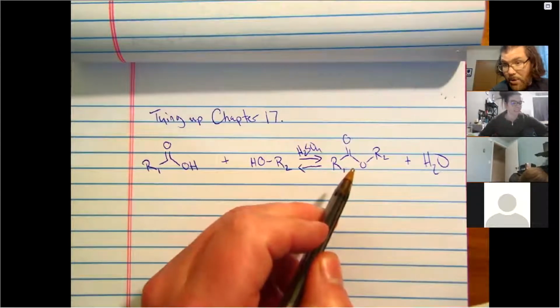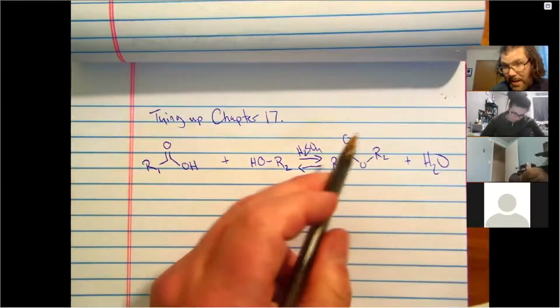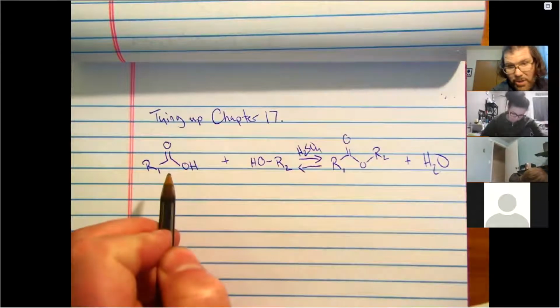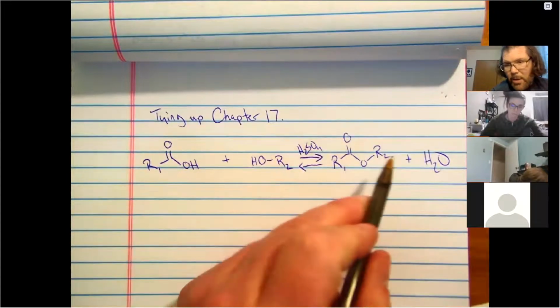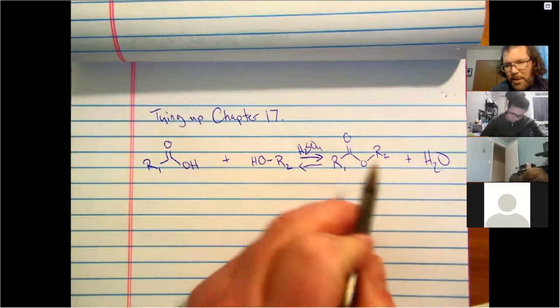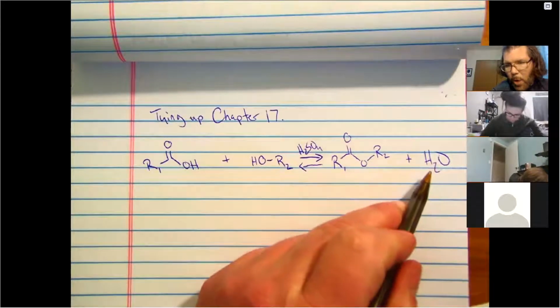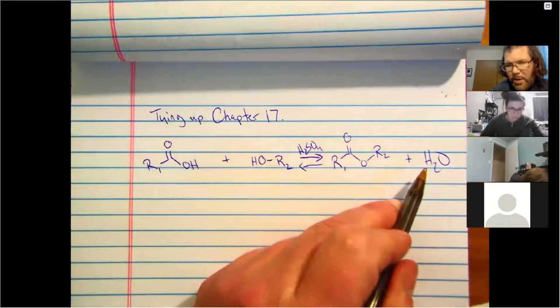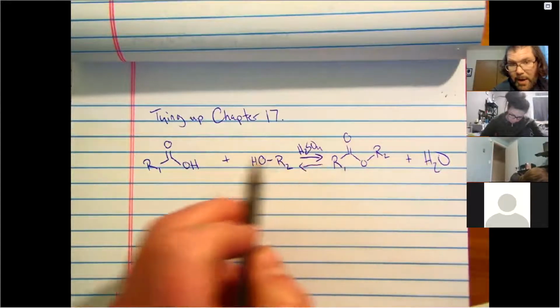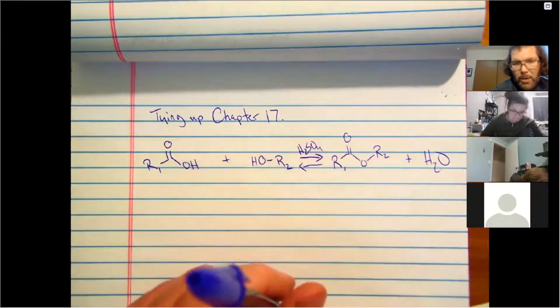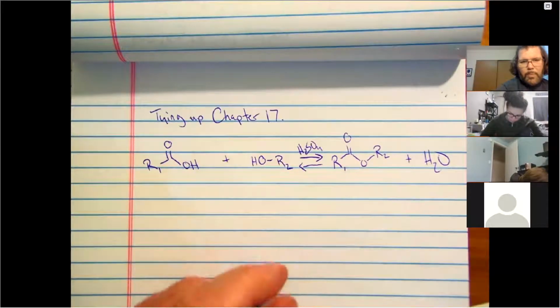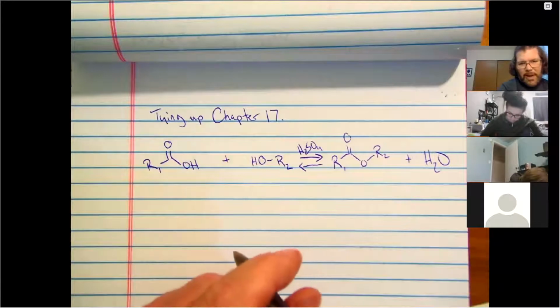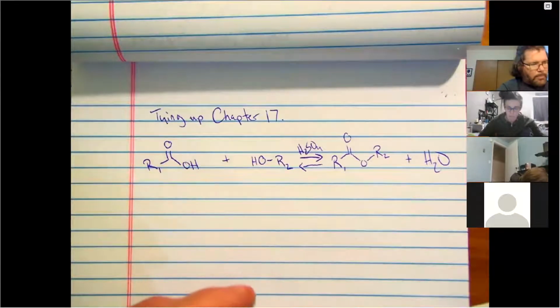If we want to hydrolyze our ester, in other words, take an ester and turn it back into a carboxylic acid, we use the same catalyst, but instead we treat with water. Because this reaction can go in either direction, putting water in can push us back to the carboxylic acid. Does that make sense to everybody?